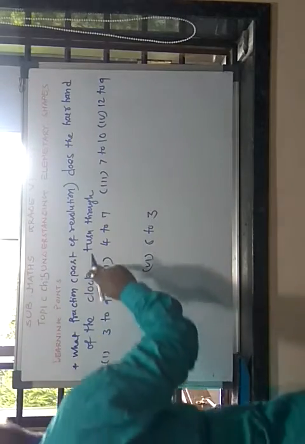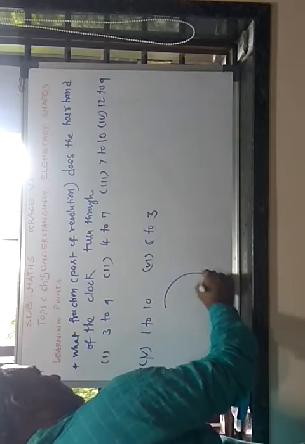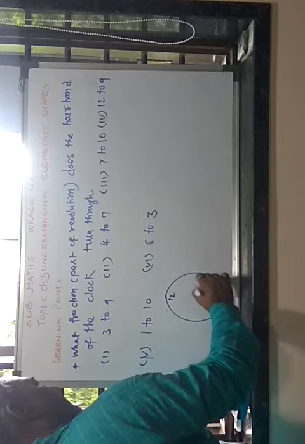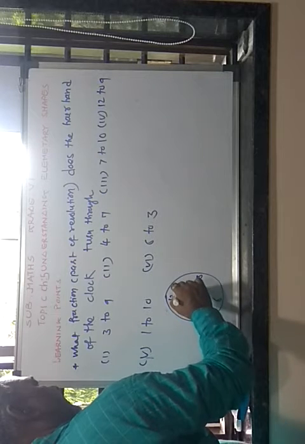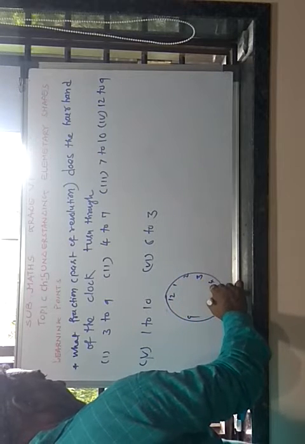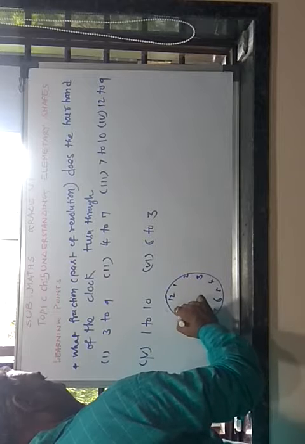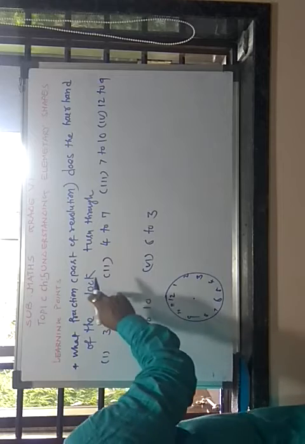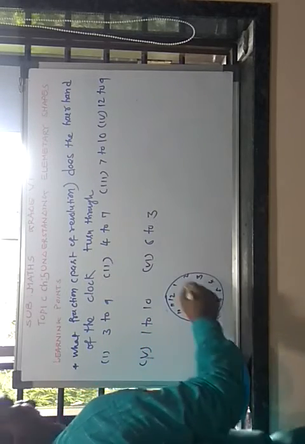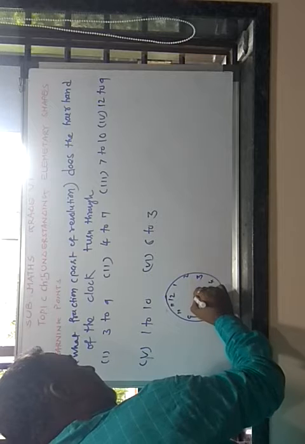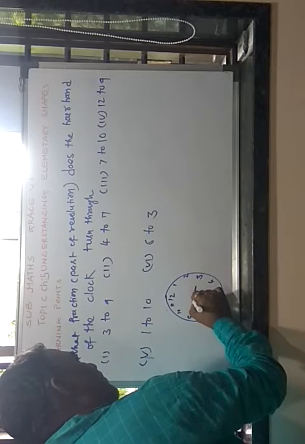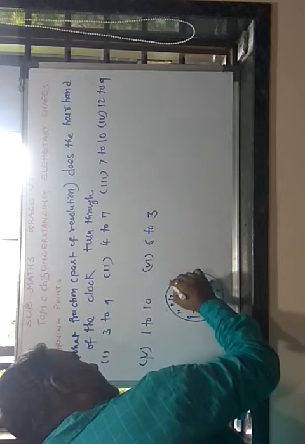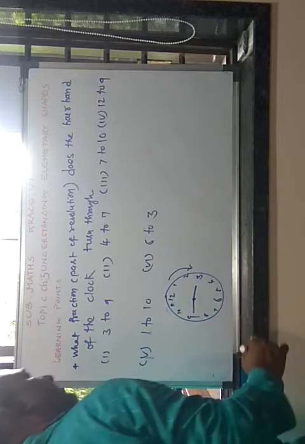Say this is a clock. This is 12, this is 6, this is 3, this is 9. When the hour hand of the clock turns through 3 to 9, it starts from here, 3 to 9, clockwise, because a clock always moves clockwise.